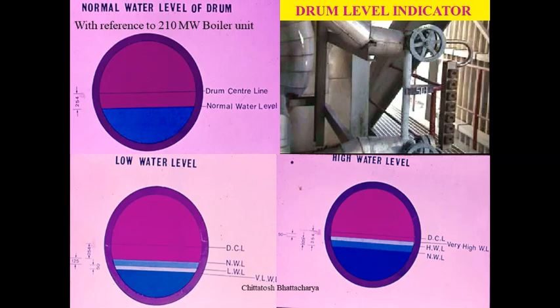So in view of this, there is proper control and instrumentation related to drum level, and we continue to monitor that continuously in terms of feedwater flow and steam flow from the boiler.